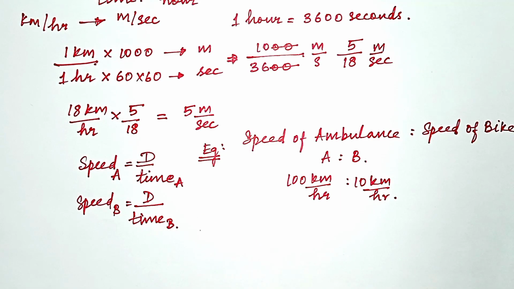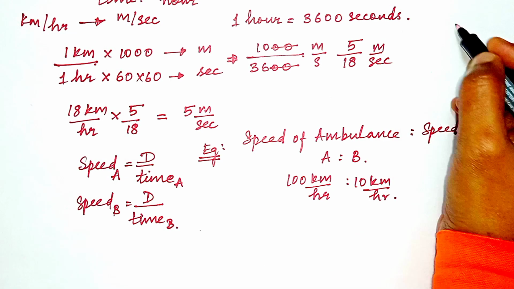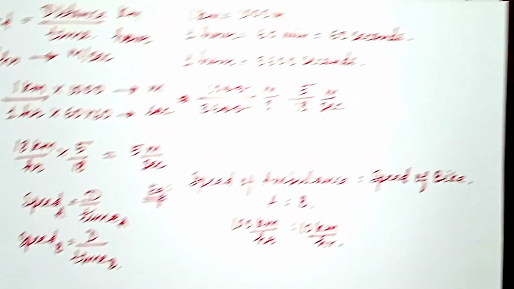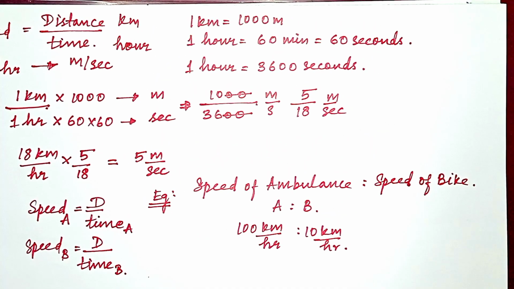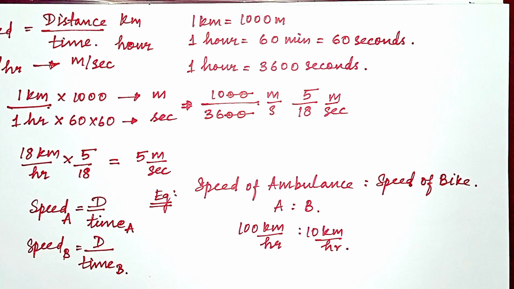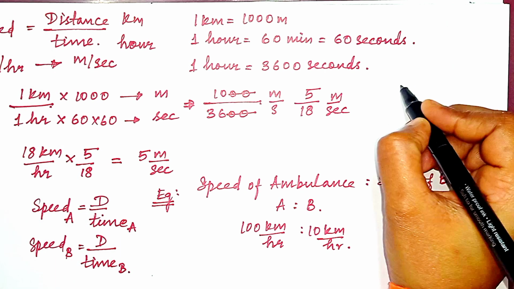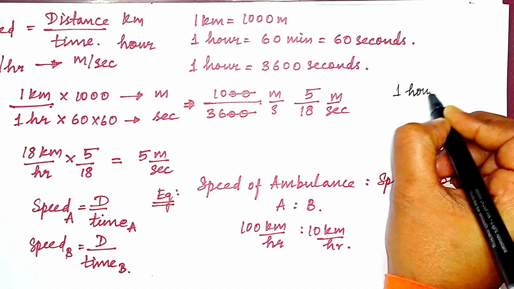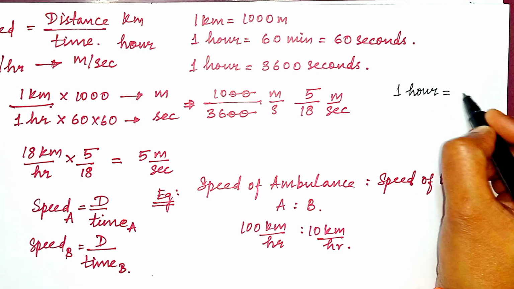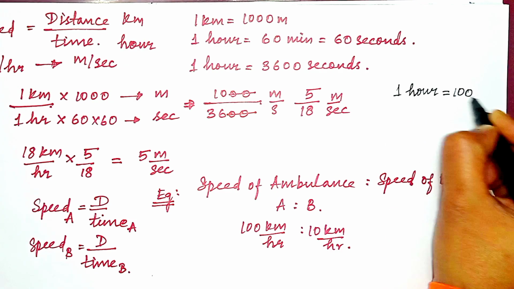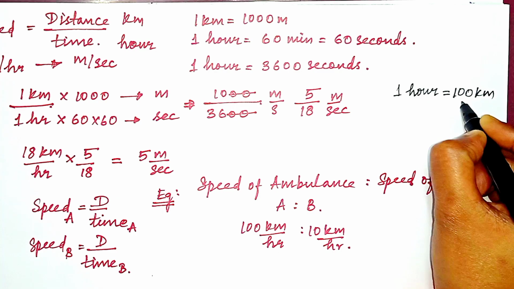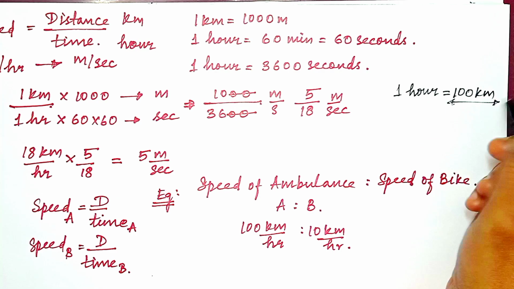Roughly, if speed is given as 100 kilometers per hour, it means that in 1 hour a vehicle could travel 100 kilometers, that is, it could cover 100 kilometers of distance.